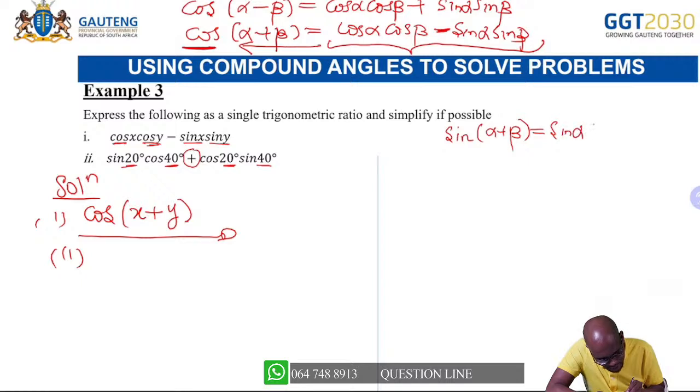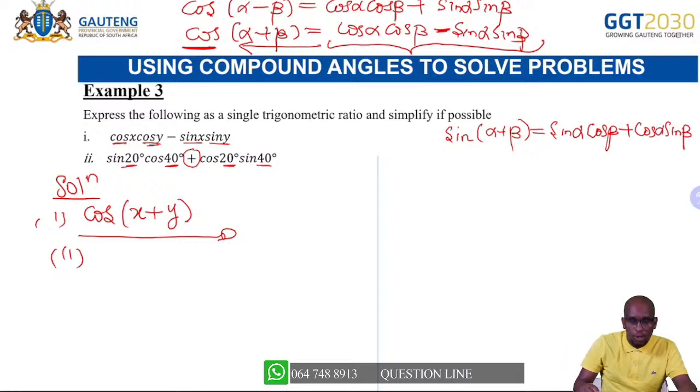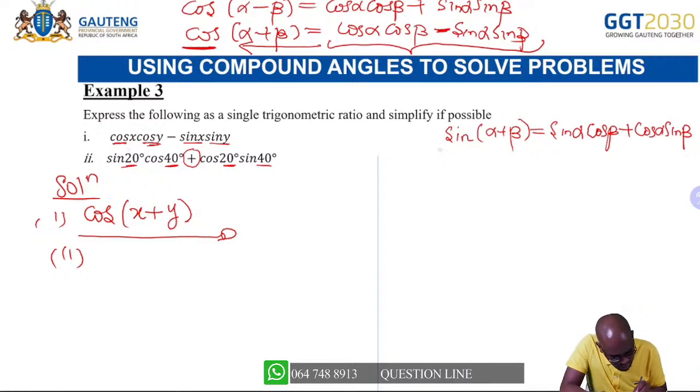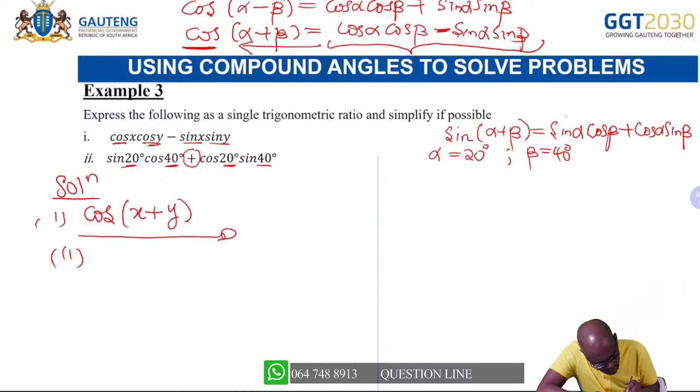That would be the sine of alpha, the cosine of beta, plus the cosine of alpha, the sine of beta, like that. So it means that now I should be able to congest this one. The first angle, you can see your alpha is 20 degrees and your beta is 40 degrees, because this is sine 20 cos 40, right?